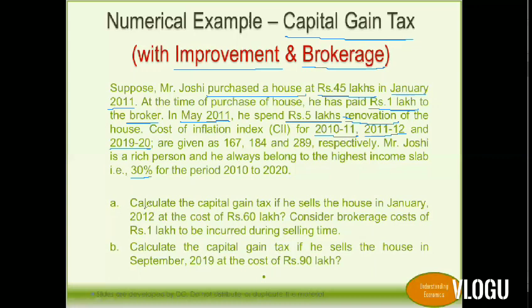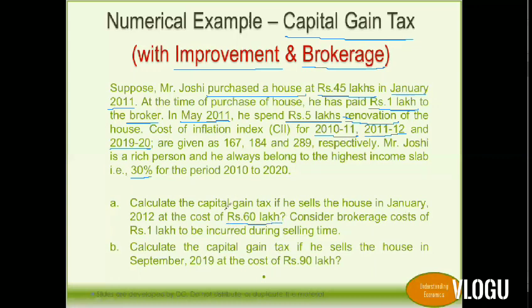The first question is saying that calculate the capital gain tax if he sells the house in January 2012. January 2012 means he is selling the house almost after 1 year. And what is the cost? The cost is 60 lakh.